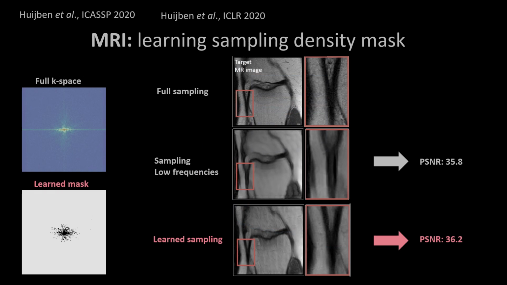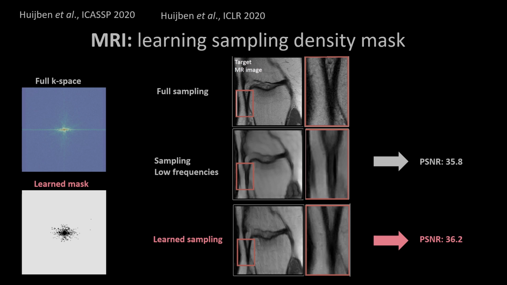So this is an example where we learned a single sampling density mask for the full acquisition. So here we do not do active acquisition, but just sampling a learned set of masks. And we do that by using Gumbel top K sampling. So that's a mechanism for categorical sampling that you can train using the Gumbel softmax relaxation.